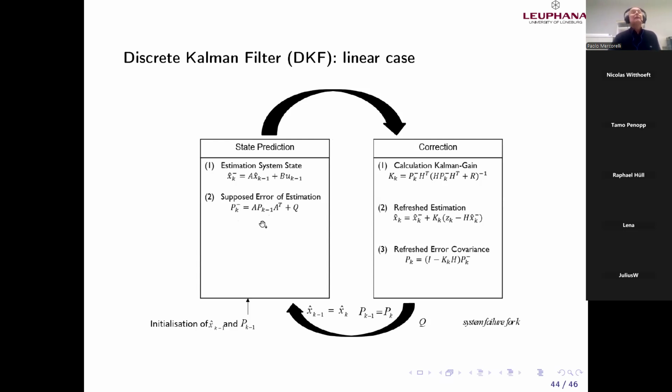And the previous output, better to say output, because the correction is the second step inside the sample time. Do you remember? Within the sample time, we have 2 steps.